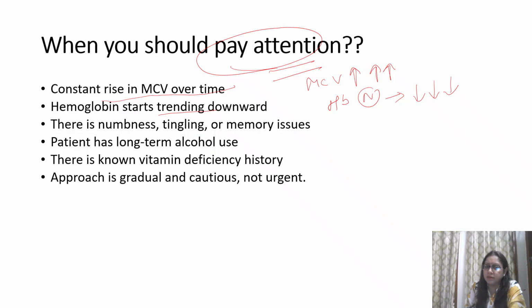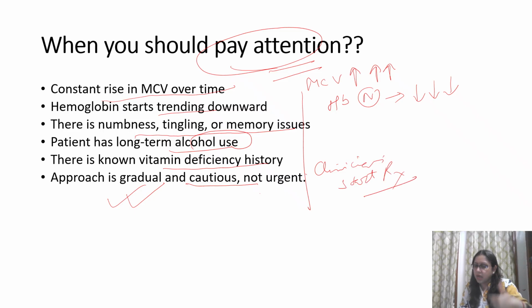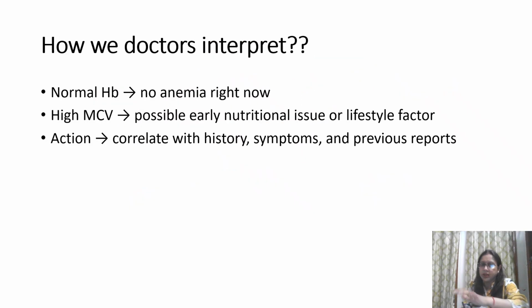And the patient starts having numbness, tingling, memory issues. The patient has long-term alcohol use, or there is a known vitamin deficiency history. Even then, you should not panic, because the approach is gradual and cautious, not urgent, but yes, the clinician, the doctor, will start your treatment. So here the treatment has to be started and other investigations have to be advised.